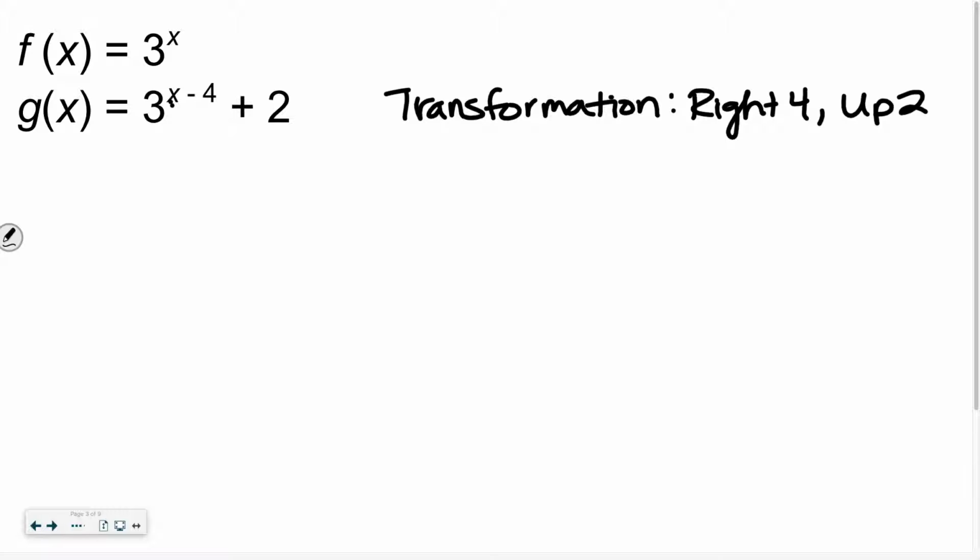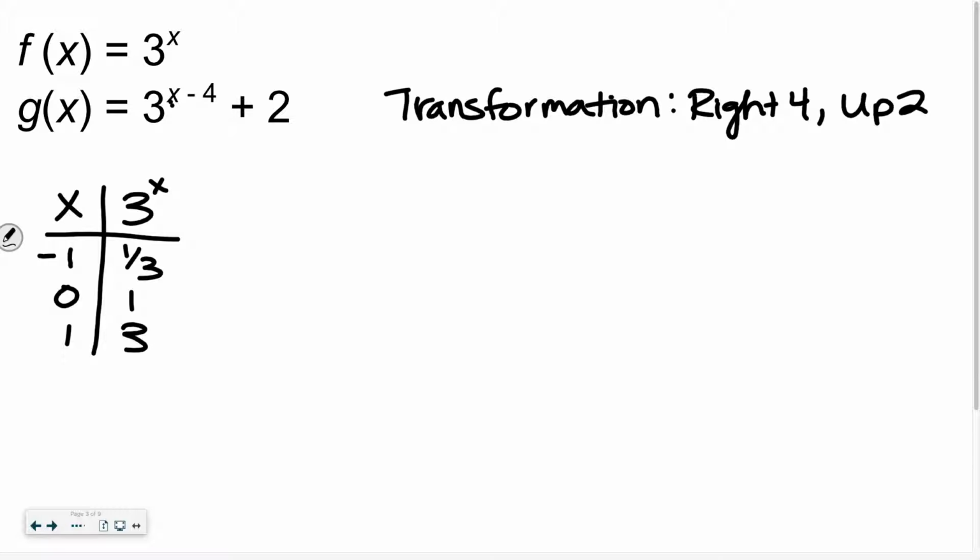So what we're going to do is take the basic graph that we already practiced graphing. This is real easy. What 3 numbers do we put in for x? -1, 0, 1. What do you get out for y? 1/3, 1, 3.